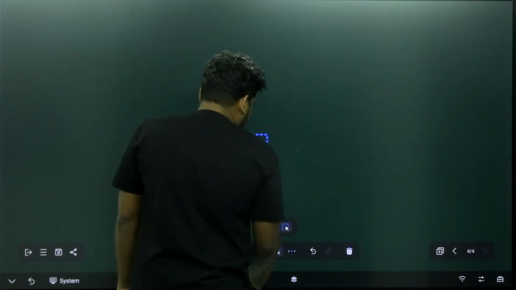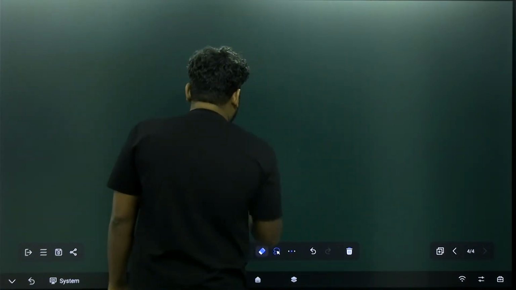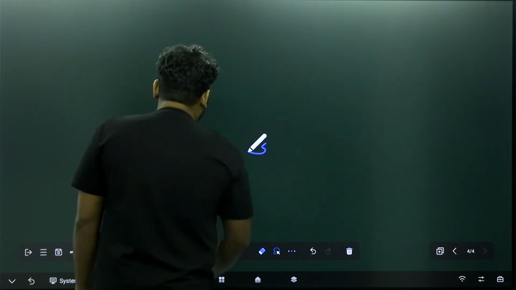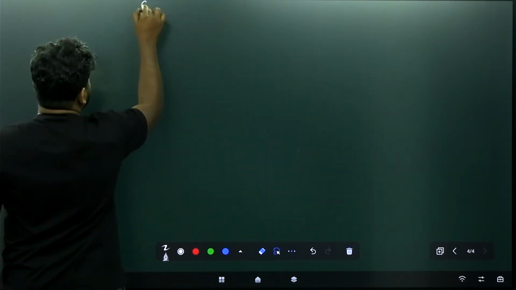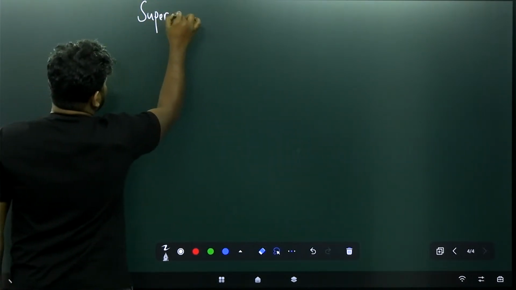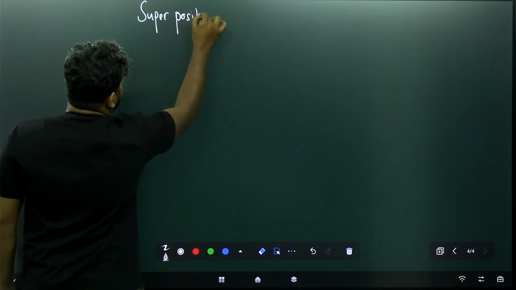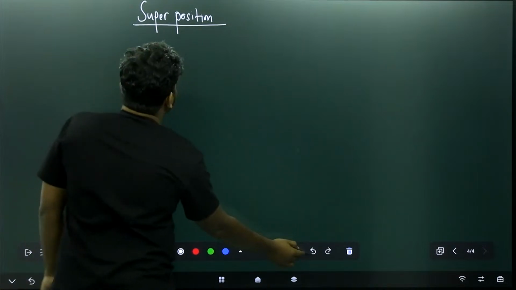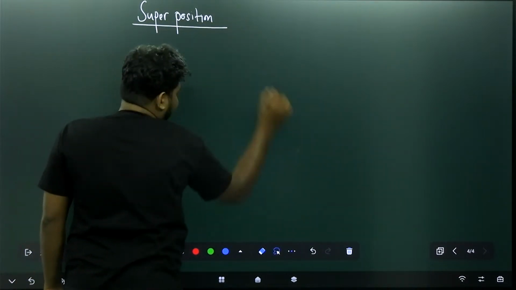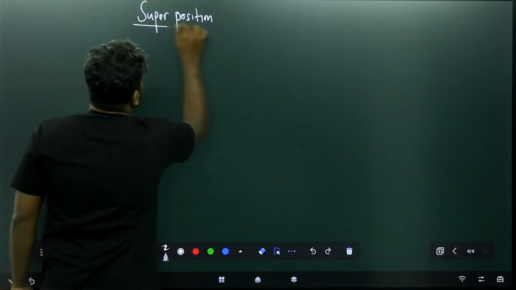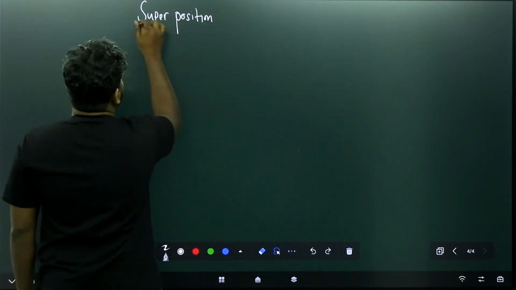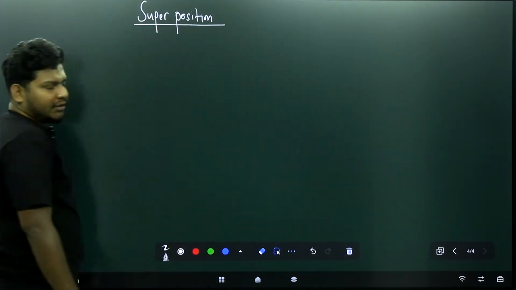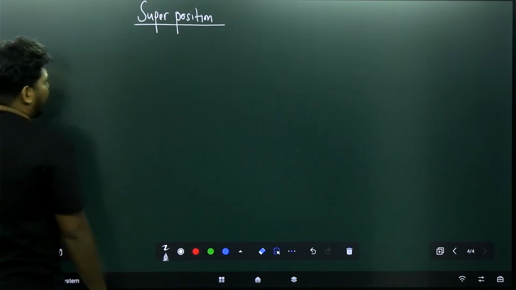So I will explain what superposition is here. Wave superposition is the resultant of waves or wave pulses.